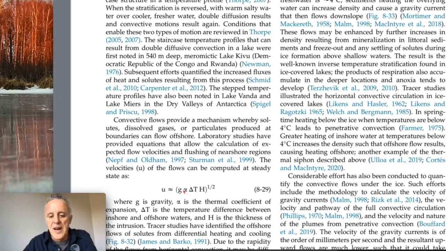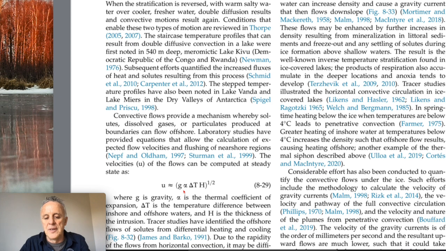Convective flows provide a mechanism whereby solutes, dissolved gases, or particulates produced at boundaries can flow offshore. Laboratory studies have provided equations that allow the calculation of expected flow velocities and flushing of nearshore regions.